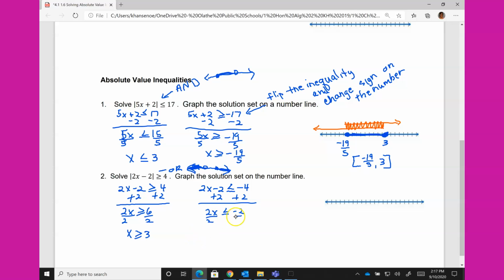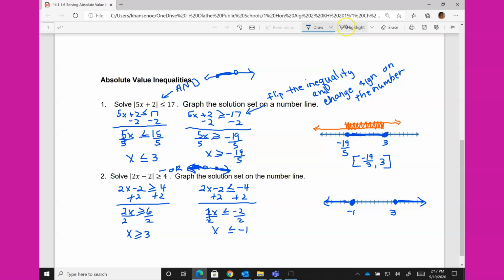I divide by 2. I get x is less than or equal to negative 1. So now let's put those on a number line. I have a negative 1, solid dot. At negative 1, it's less than. Solid dot at 3, and it's greater than.